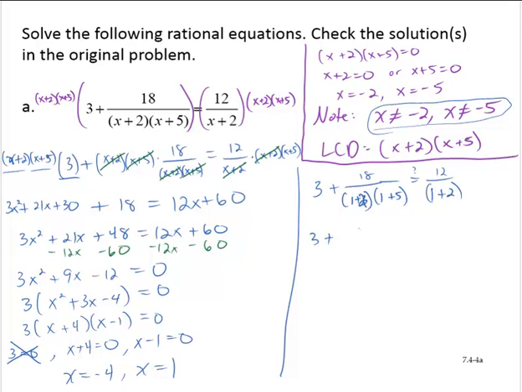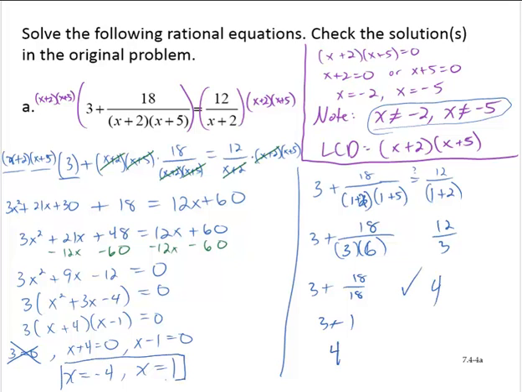So that's 3 plus 18 over 3 times 6. And so that's 3 plus 18 over 18. That's 3 plus 1, which is 4. And on the right-hand side, that's 12 over 3, which is also 4. So that checks out. And so both of our solutions are indeed solutions of the equation.